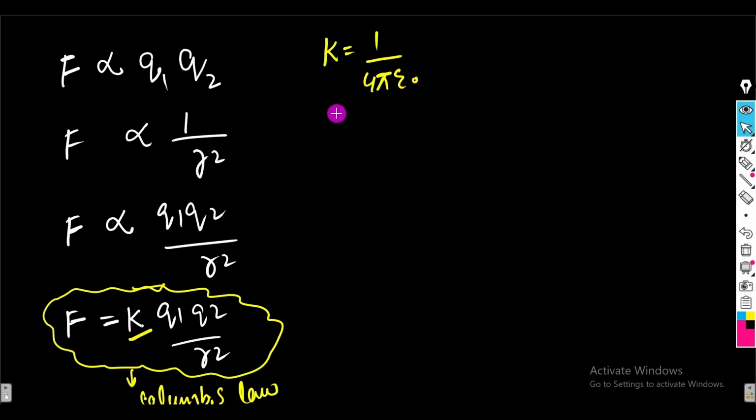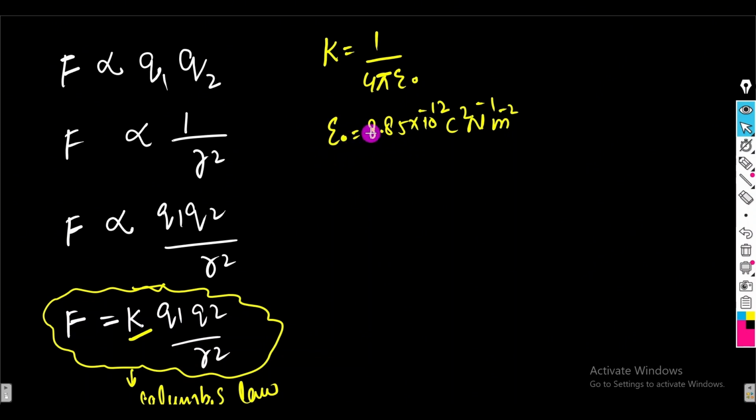The value of epsilon naught is approximately 8.85 multiplied by 10 raised to the power minus 12 Coulomb square per Newton per meter square. This is the value of epsilon naught. Okay, so this is for vacuum.